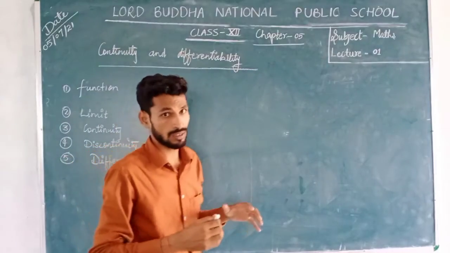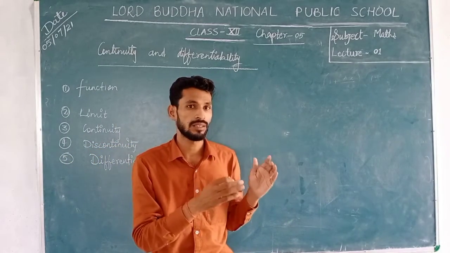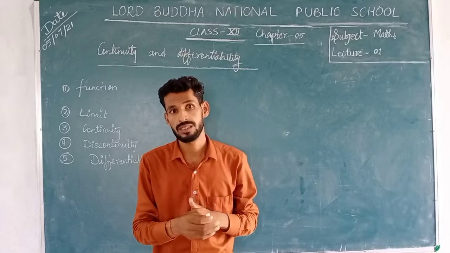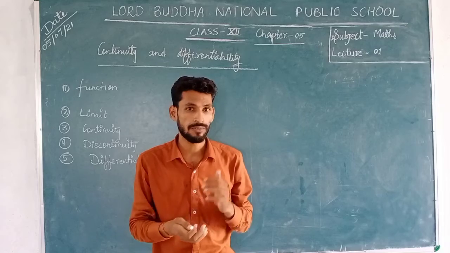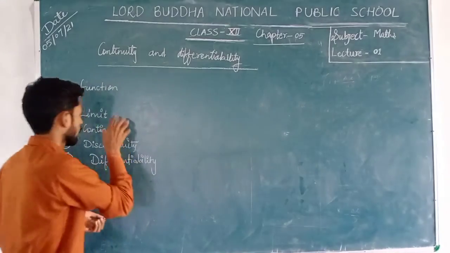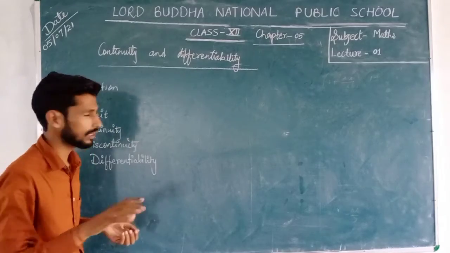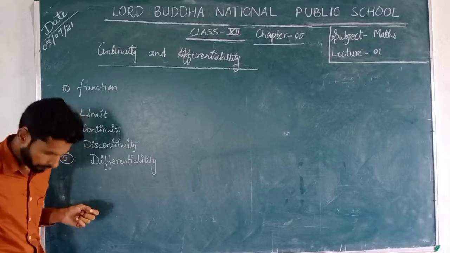What are functions in our syllabus, and what is the domain and range of these functions? What is the graph? How can we make the graph of the given functions? And then we will reach the limit. Clear? So we are going to start the topic function.